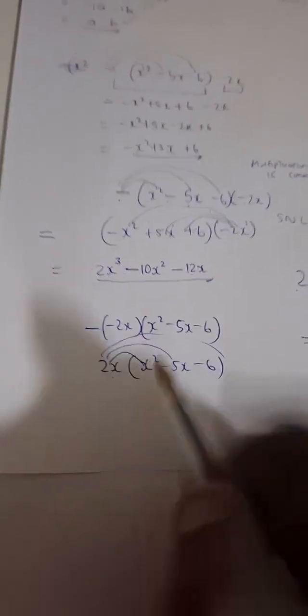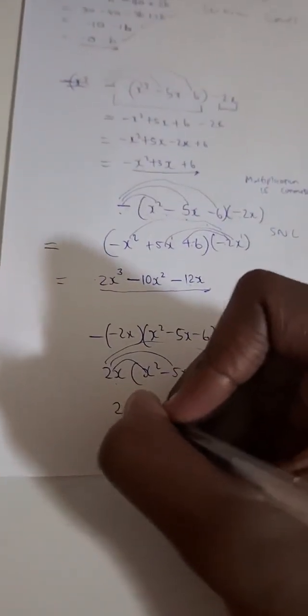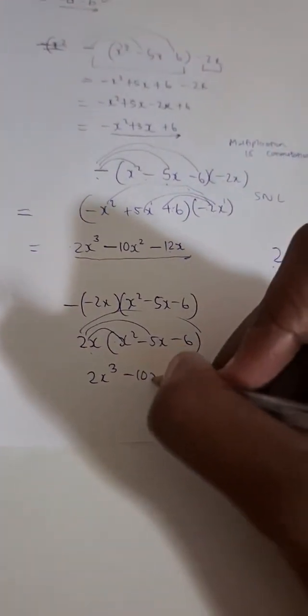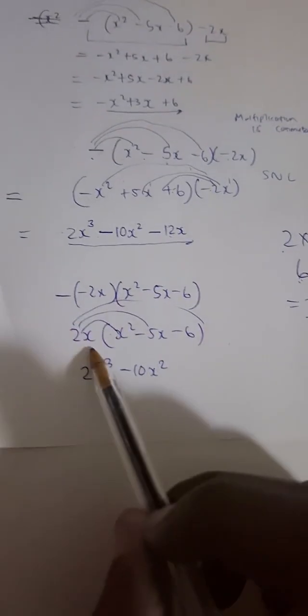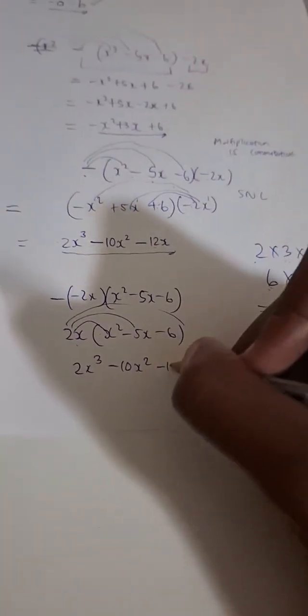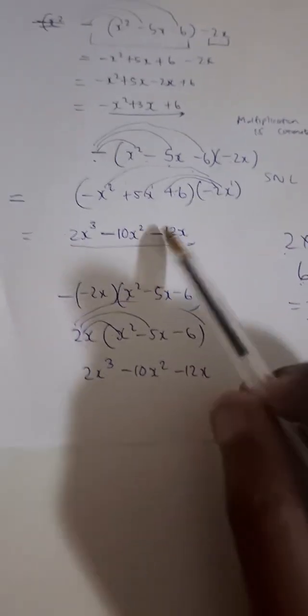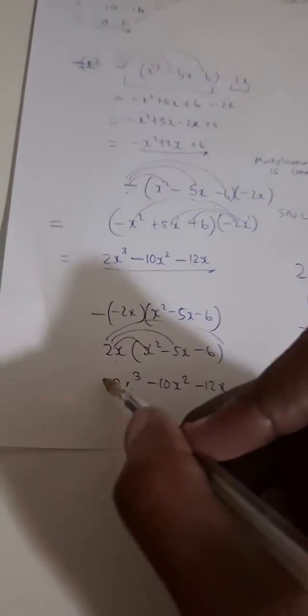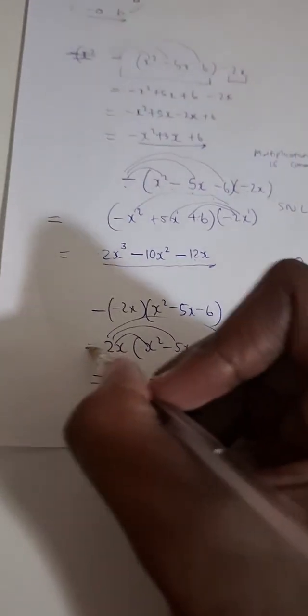So 2x times 2x squared will give me that 2x cubed. Then the 2x times negative 5x will give me that negative 10x squared. And then the 2x times the negative 6 will give me that negative 12x. Still, same answer, just the approach slightly different, okay?